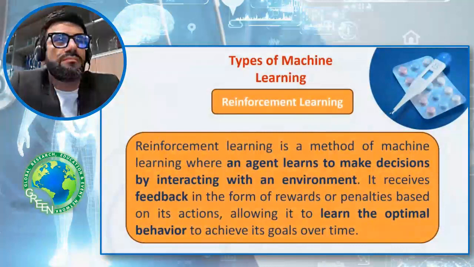It receives feedback in the form of rewards and penalties based on its actions, allowing it to learn the optimal behavior to achieve its goals over time. For example, some kinds of games are designed for this purpose, interacting with the user and giving you rewards or penalties, and this algorithm works better.